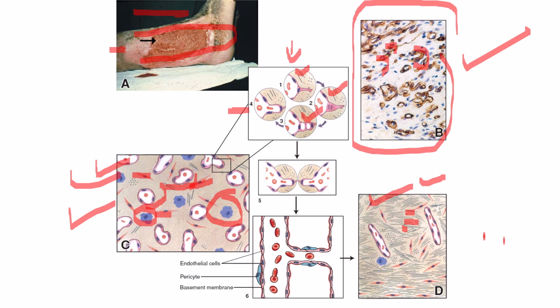Then proliferation of the endothelial cells occurs, and these endothelial cells behind the leading front proliferate. Finally, later these endothelial cells form capillary tubes, and there is recruitment of pericytes and deposition of basement membrane to stabilize the new capillaries.